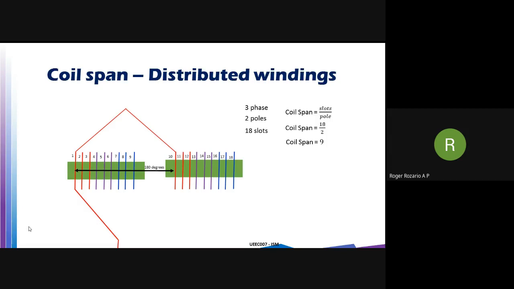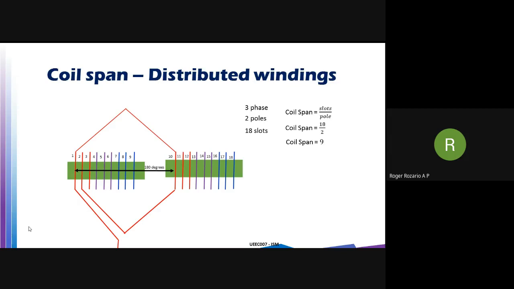If the coil span is less than 180 degrees, it is fractional pitched winding. So here I am telling two more new terms: fractional pitched windings and full pitched windings. Full pitched winding means coil span equal to 180 degrees. Fractional pitched winding means coil span less than 180 degrees.